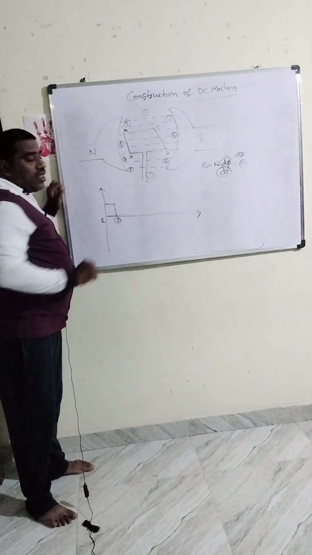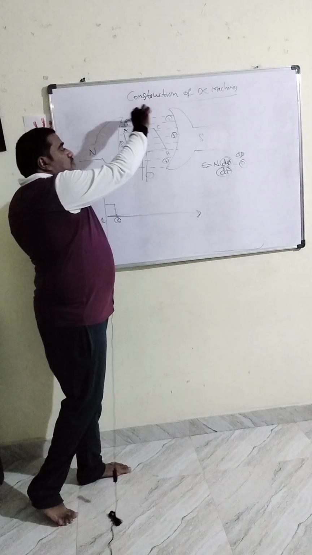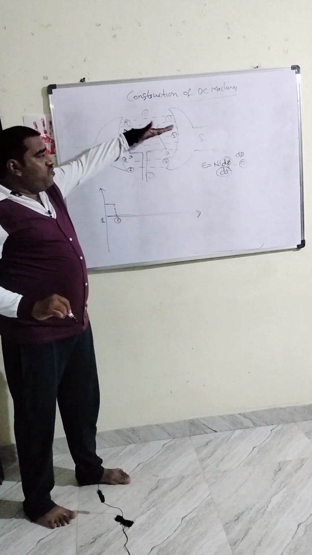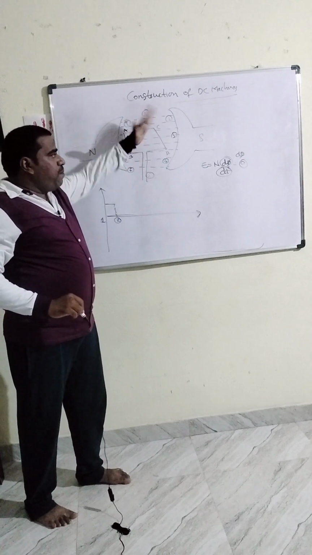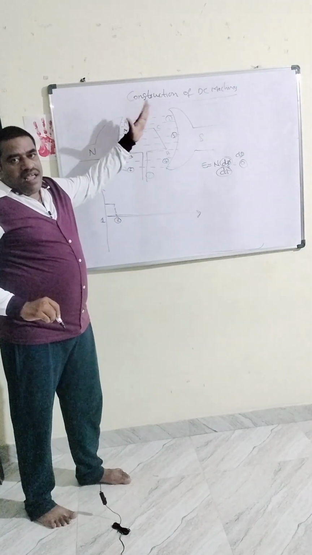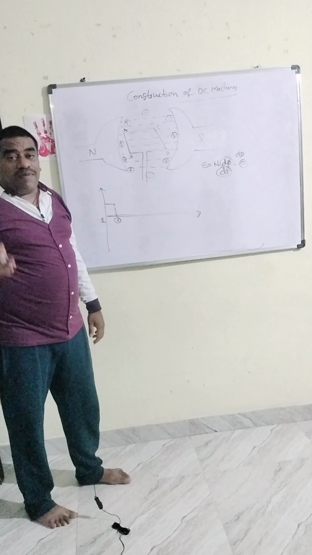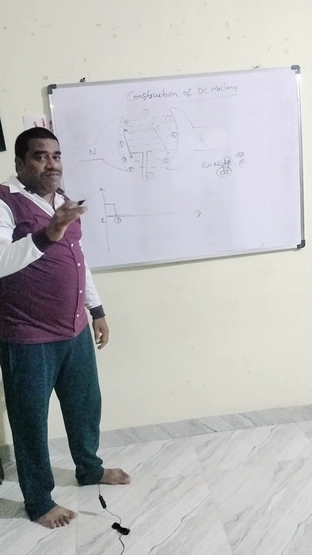Next, when it moves to position number 3, the coil is perpendicular to the plane. Perpendicular to the plane means the maximum flux lines are cut by the conductors, AB as well as CD.